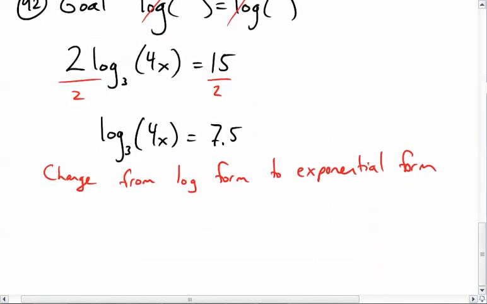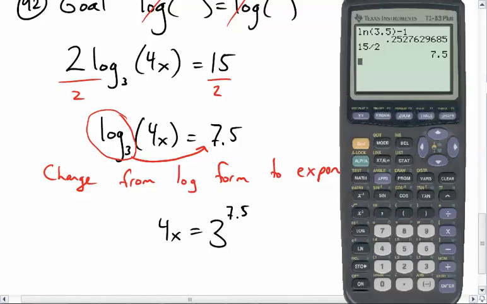Okay, so anytime that you have a log on one side of the equation, because logs and exponentials are inverses, that log can become an exponential on the other side. So the same base for the exponent will be the base on the other side of the equation. So 3 to the 7.5 equals 4x. And 3 to the power of 7.5 is just a number.